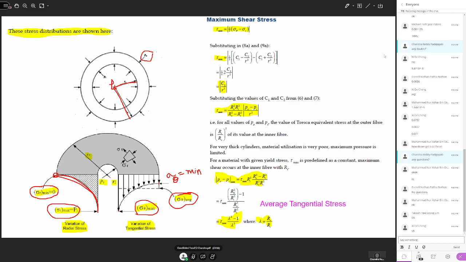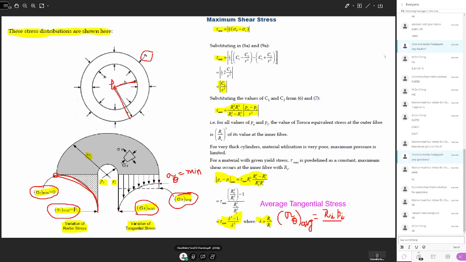The value will be the inner radius multiplied by the inner pressure, Ri Pi, over the thickness of the cylinder.